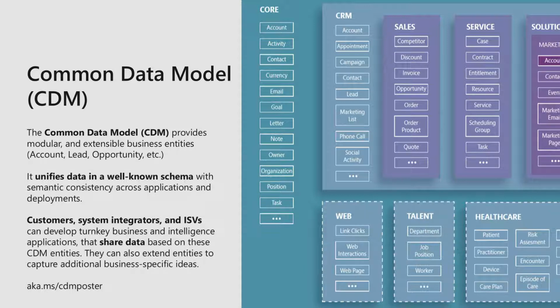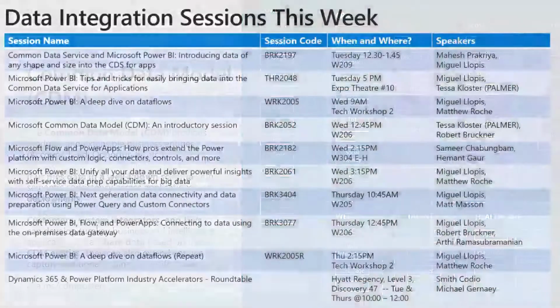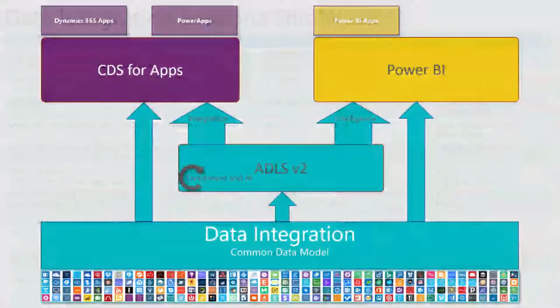So the same meaning of an object, of an attribute, is consistent across the platforms, across applications, and across deployments. So going back just 2 slides, when you talk about these two different services, the Common Data Service for Applications and Power BI, when you leverage the Common Data Model between them, something like an account actually means the same thing in both places.